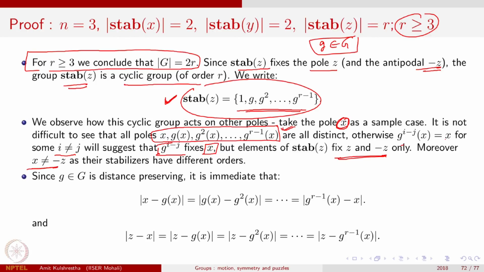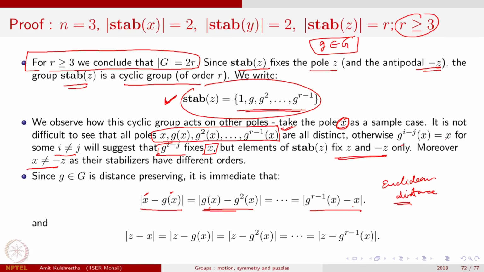And now we see the distance preserving observation. So x and gx, the difference of x and gx, the distance on the sphere, these are all Euclidean distances. So the Euclidean distance is the same as between gx and g square x. I have transformed both by g, and so on.